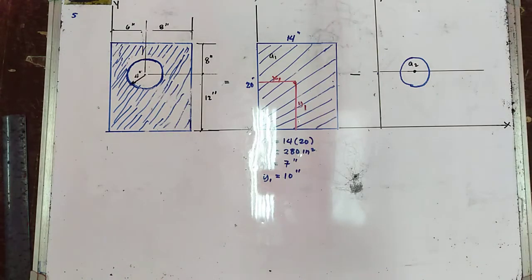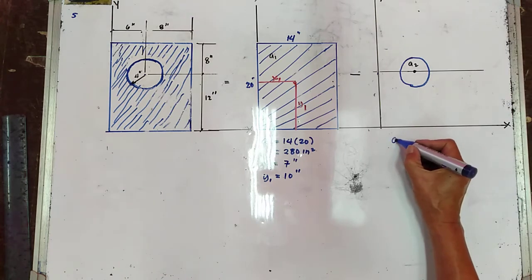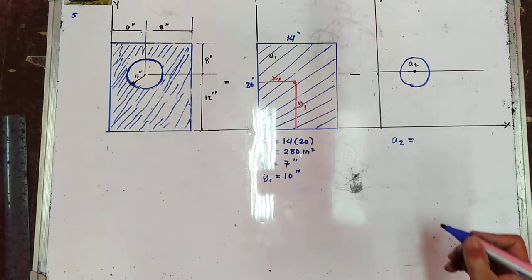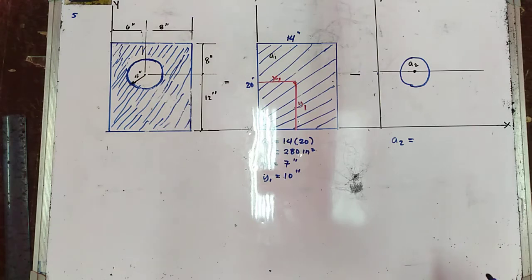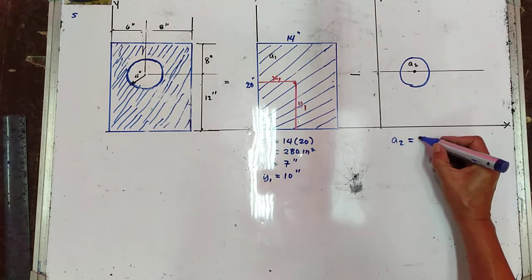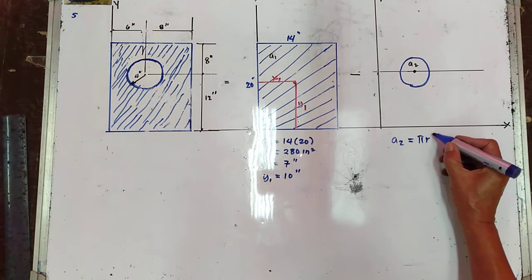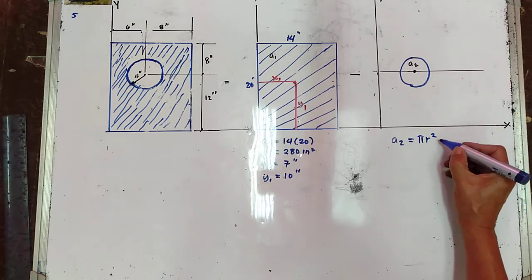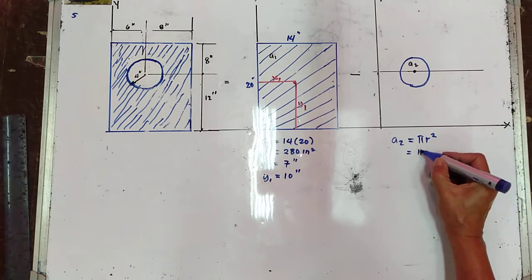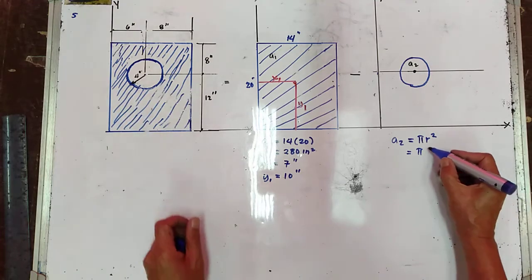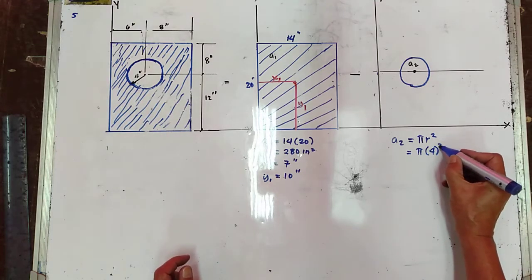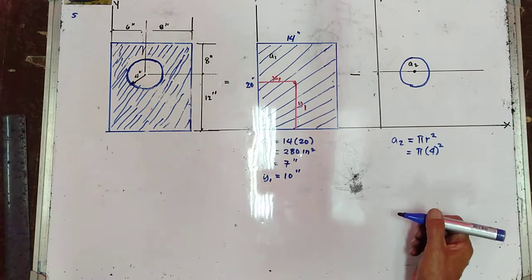Now, let us try to subtract the area of the circular portion, or the hole of that plate, so that your area 2, the area of the circle, is pi r squared. And this is equal to pi, and the radius of the circular area is 4, and that one is squared.